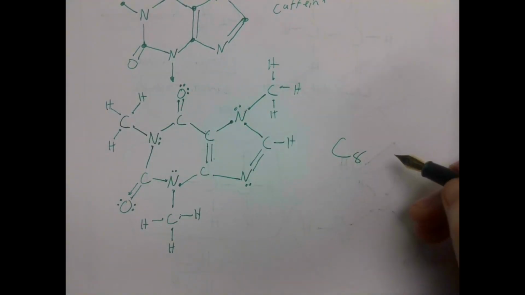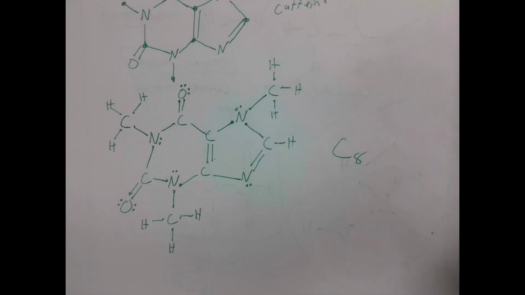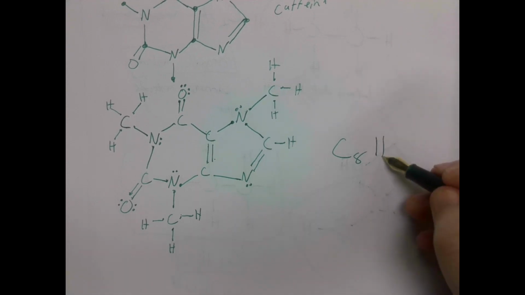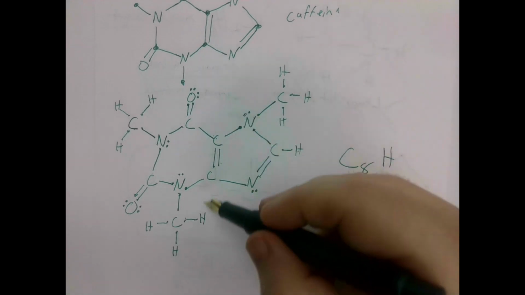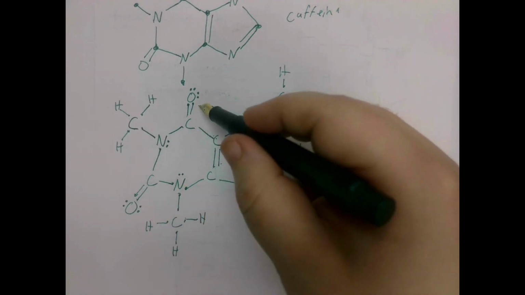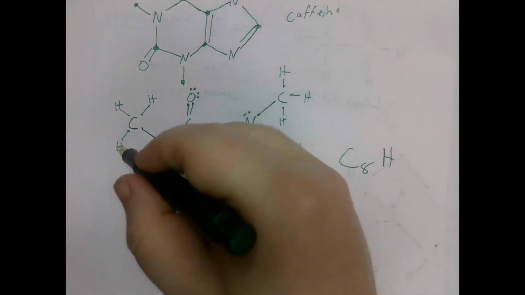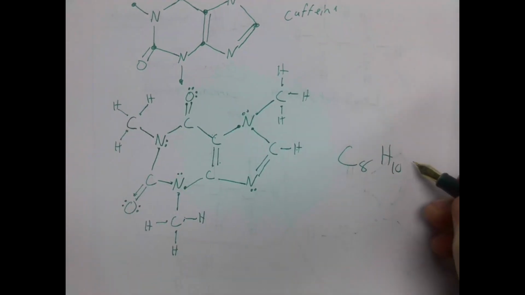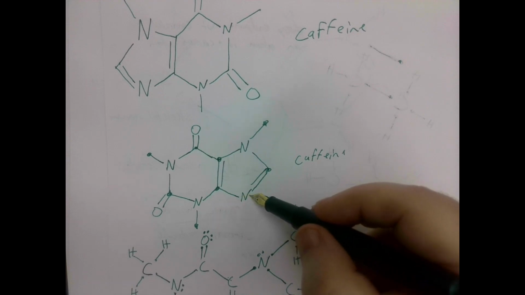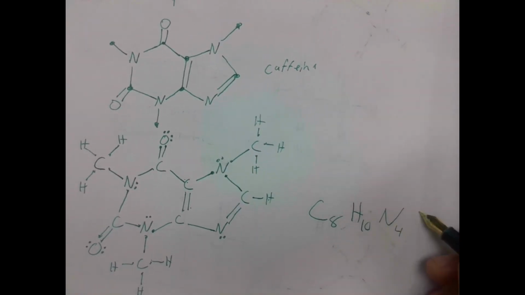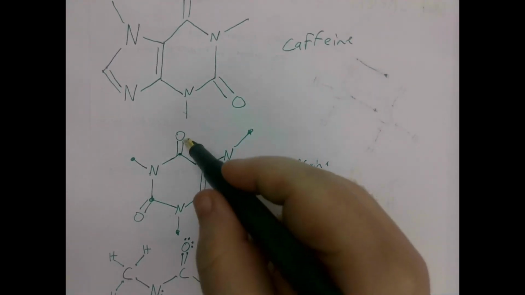How many hydrogen do we have? 1, 2, 3, 4, 5, 6, 7, 8, 9, 10. And nitrogen? Easier to look back over here. 1, 2, 3, 4. And oxygen, 1, 2.